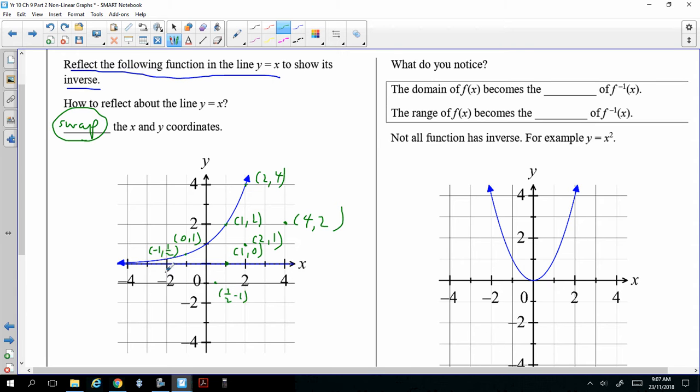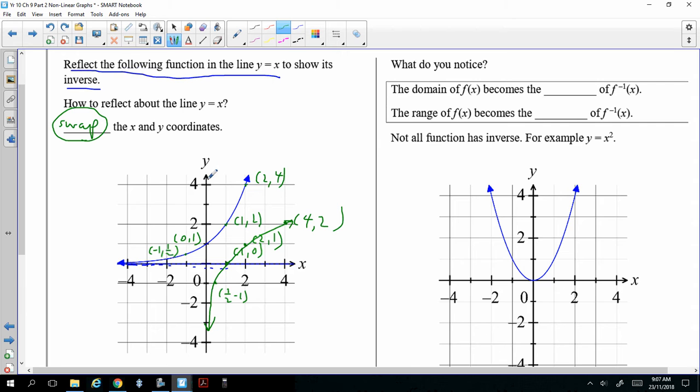So you will notice that we are drawing the exponential, now drawing the inverse function. Okay, cool. So you notice that the asymptote, see there's a blue asymptote here, right? Now the asymptote has changed to a vertical asymptote. So a horizontal asymptote becomes a vertical asymptote.